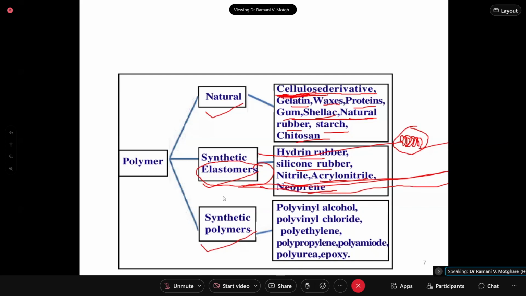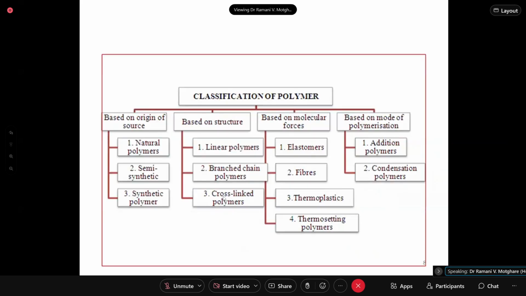Then synthetic polymers like polyvinyl alcohol, PVC, polyethylene, polypropylene, polyamide, polyurea, epoxy resins, and so on.